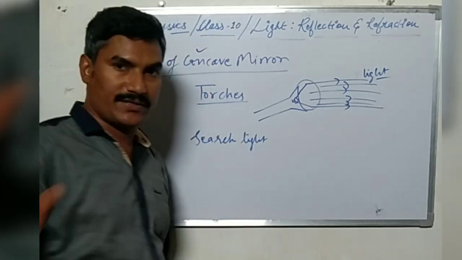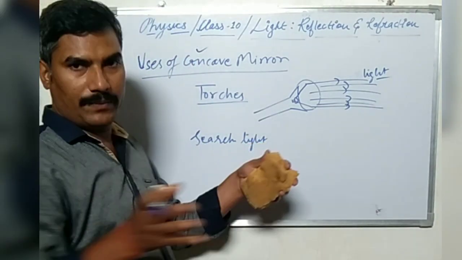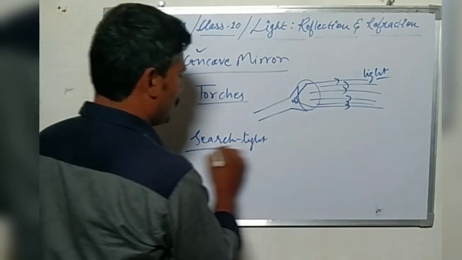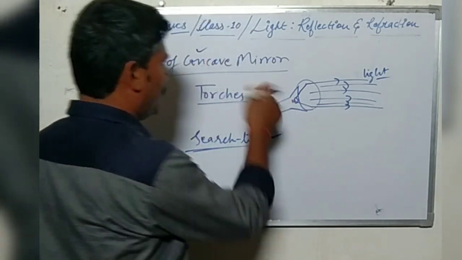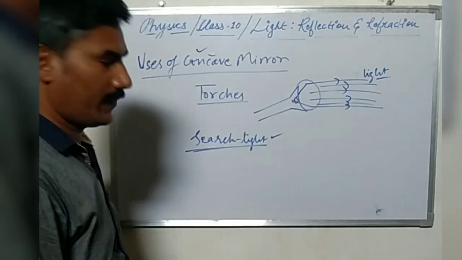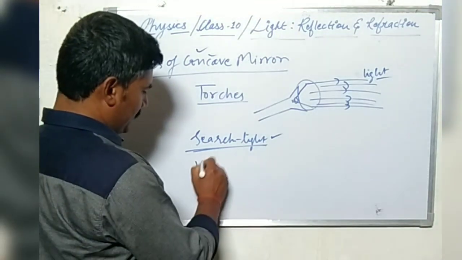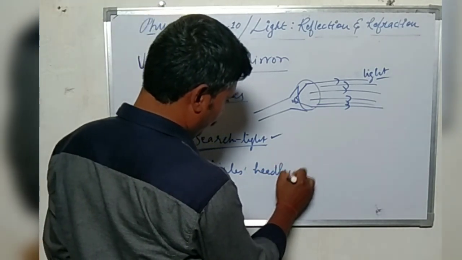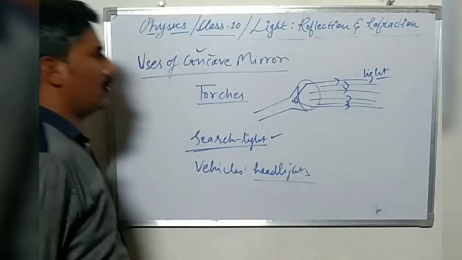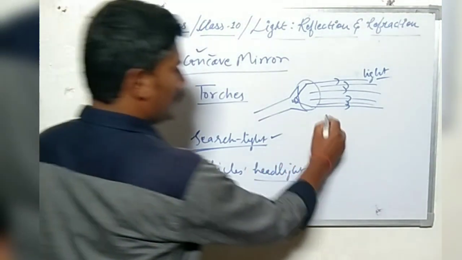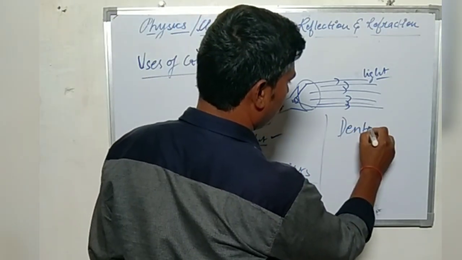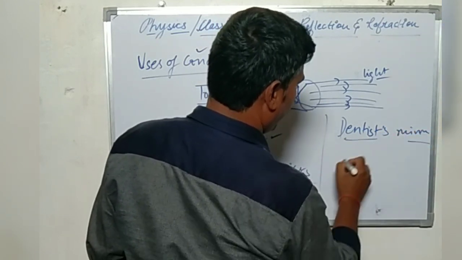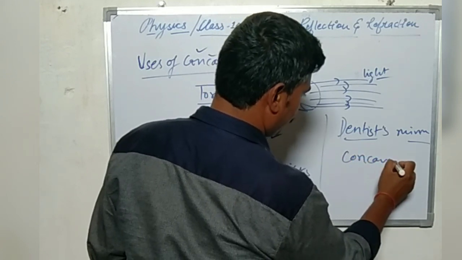Searchlights: you must have seen on the Discovery Channel that when adventurous people are walking here and there in darkness, they use searchlights. In searchlights, concave mirrors are also used. And in vehicle headlights you will see concave mirrors. The dentist mirror is also made of concave mirror.